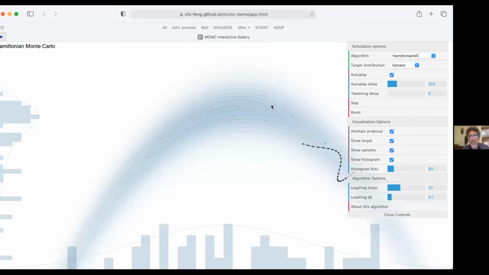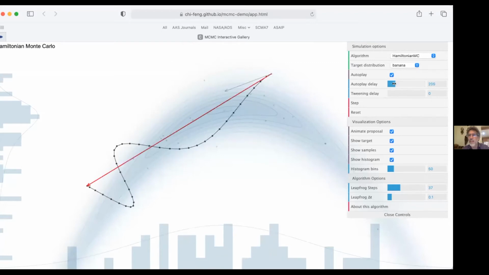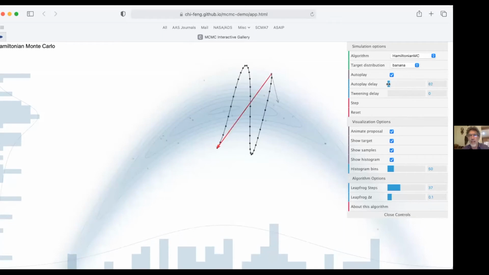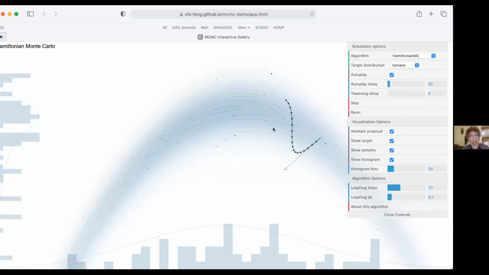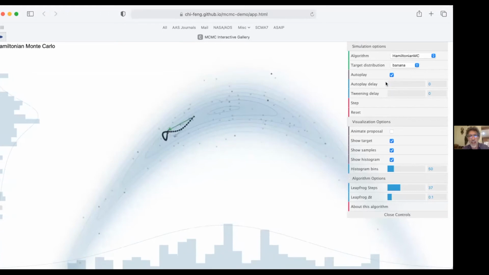These little gray dots represent the effort to map it out. Let me go a little faster. You can see that actually the Hamiltonian MC, that's the one we're doing, is quite sophisticated. It has these wiggles and it's wiggling around. It has complicated mathematical rules. Let me go faster. There we go.